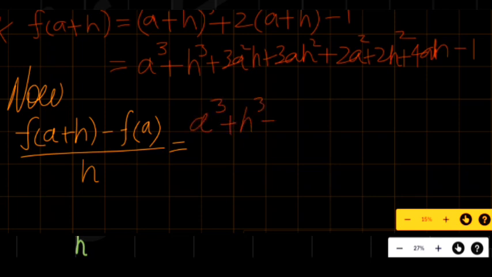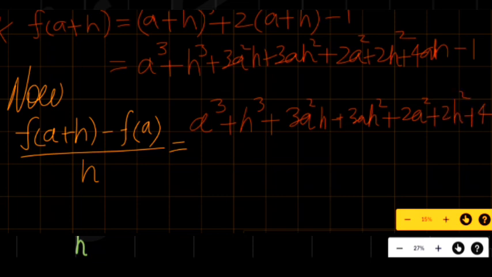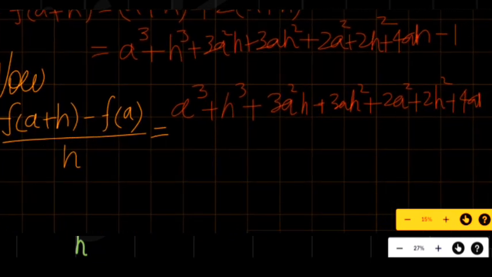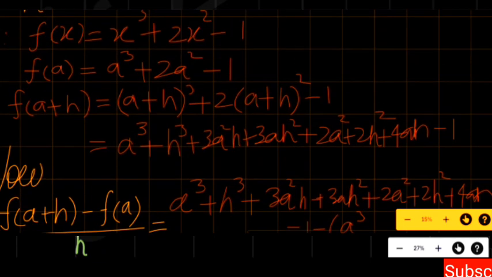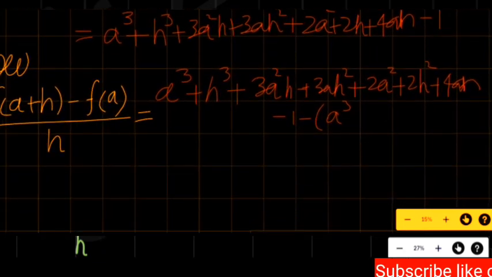F of a plus h is a cube plus h cube plus 3a square h plus 3ah square plus 2a square plus 2h square plus 4ah minus 1, minus f of a. This is f of a.